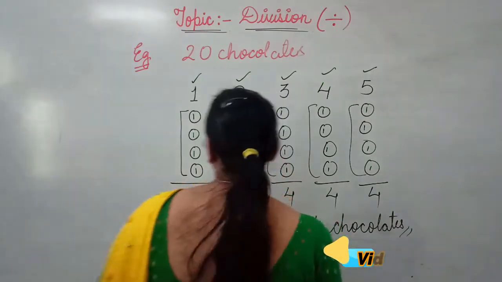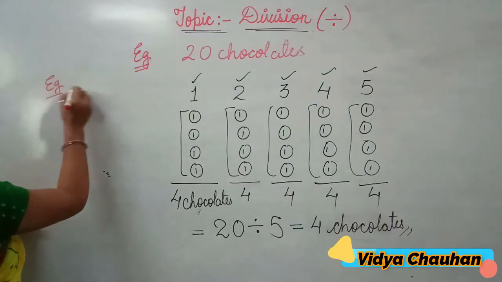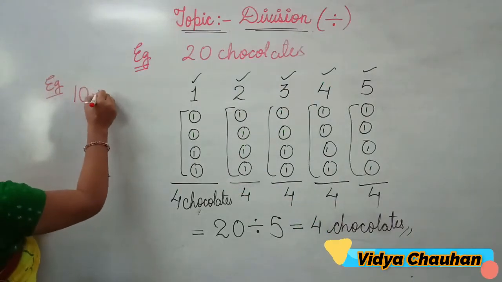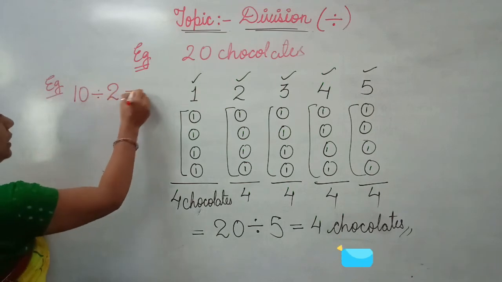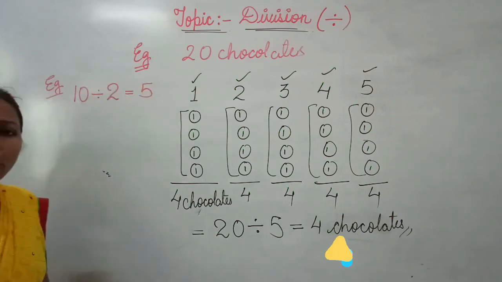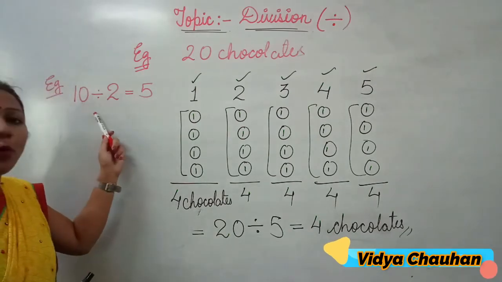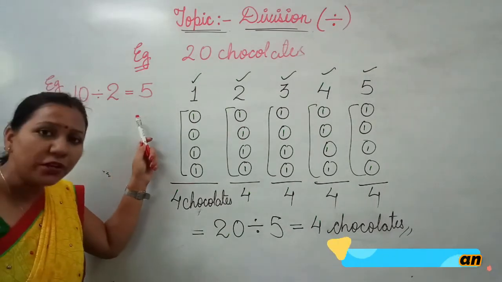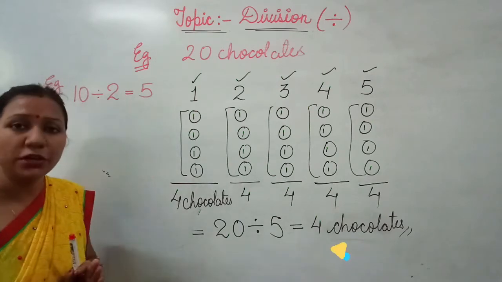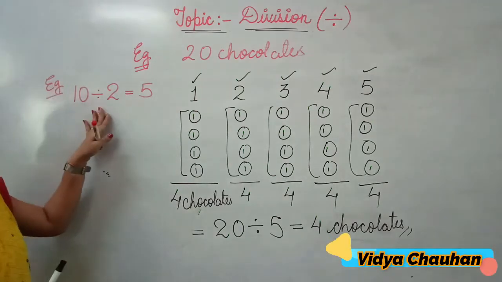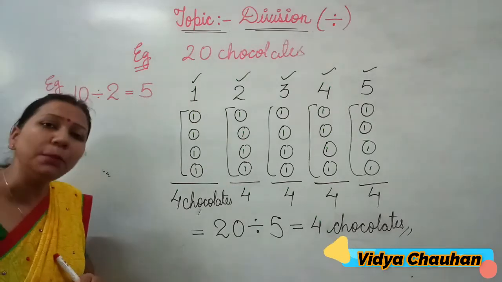How? Let's see that. For example, there is a division fact given to us: 10 divided by 2 is equal to 5. Now, if it is said to write the same problem in multiplication form, that means from the division fact you have to write the multiplication fact.